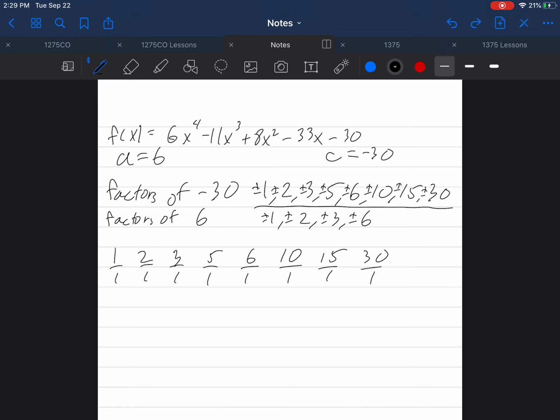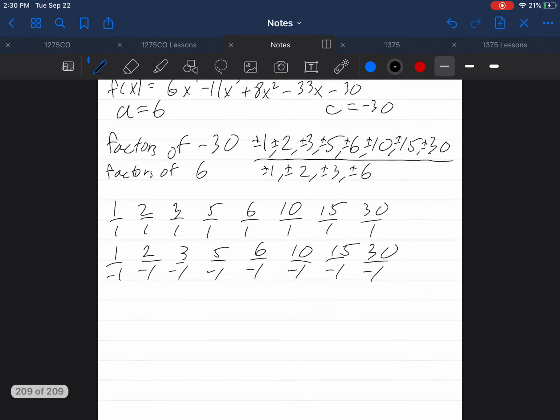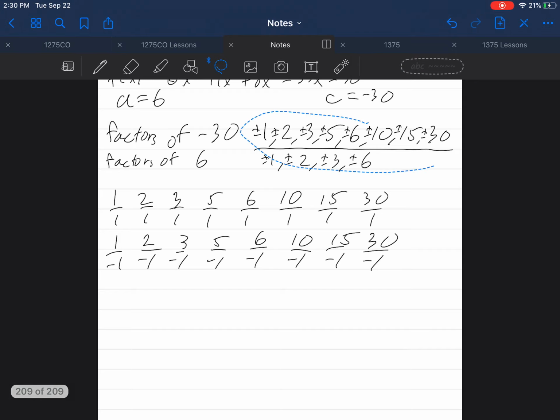Once again, the same numbers, 1, 2, 3, 5, 6, 10, 15, 30, all of those with a denominator of -1. So what we're doing here in order to write out every single possibility is you have to write out every single number in the numerator with every single number in the denominator.